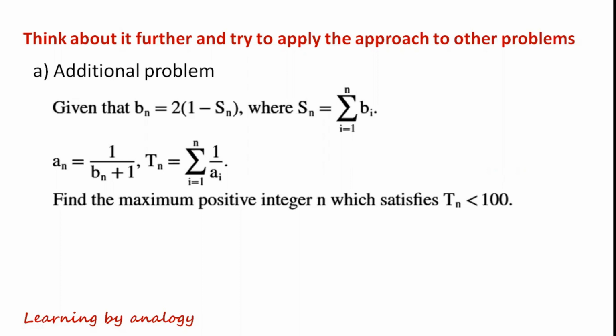Find the maximum positive integer n which satisfies Tn is less than 100.